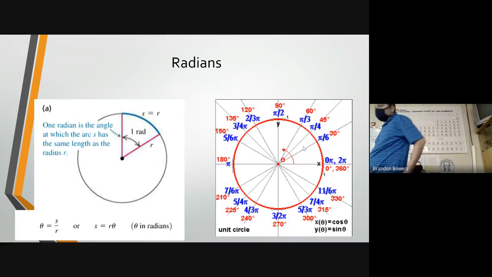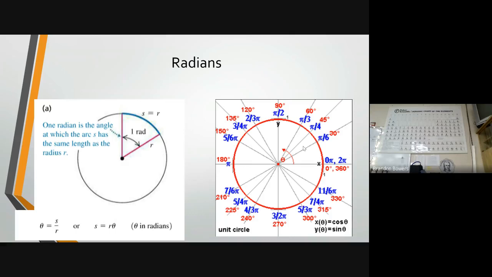Now, we will be doing radians, which you've probably all seen if you're in pre-calc at this point. So remember, that's 0 degrees normally, 0 radians. If you go all the way to 180 degrees, that's pi.